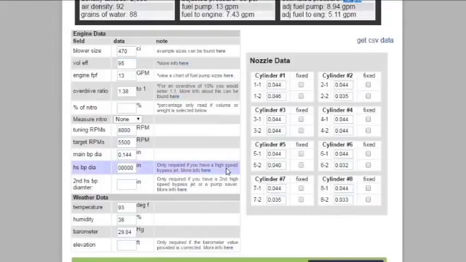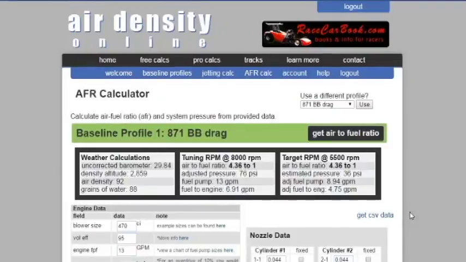Okay, I'm going to put the 60,000s back into this. Now we're back to where we started. This is the baseline from the previous run, and I stated that this is a little on the lean side. Okay, at the beginning of the year, this tuner resealed his blower, so I'm going to go to my blower setting and change it to 98.